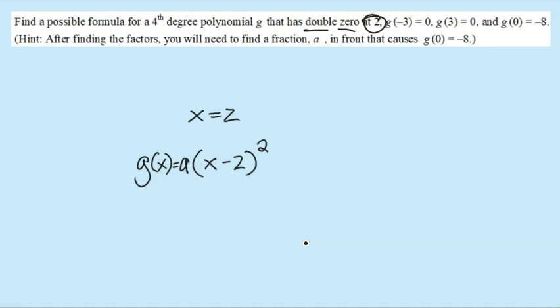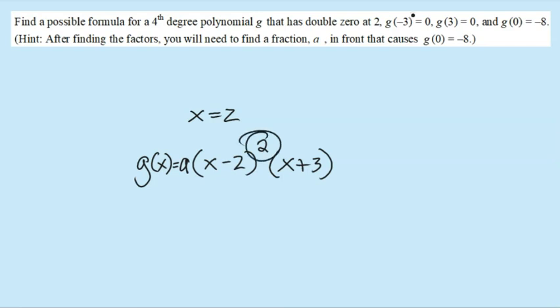It says also that g of negative 3 equals 0. That means that if you were to plug in a negative 3, the output would be 0. And that means that x plus 3 is a factor, because if we put in a negative 3 for x, negative 3 plus 3 equals 0, and therefore there's a factor x plus 3.